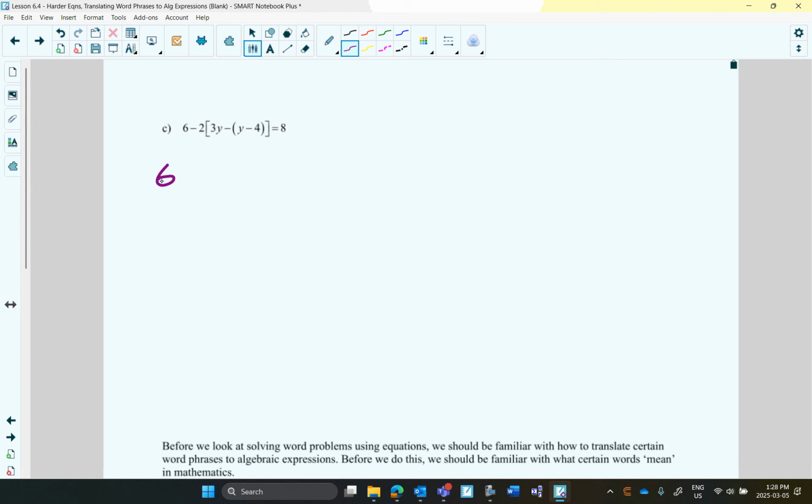So 6 minus 2 bracket 3y, none of that changes. But now I'm going to take out the parentheses by subtracting everything inside. So minus y is just minus y. What does the 4 become? Plus, because we've got minus 4.